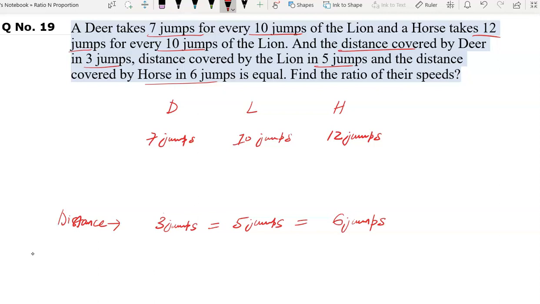So what we will do, we will take the LCM of 3, 5 and 6. LCM will be how much? 30.